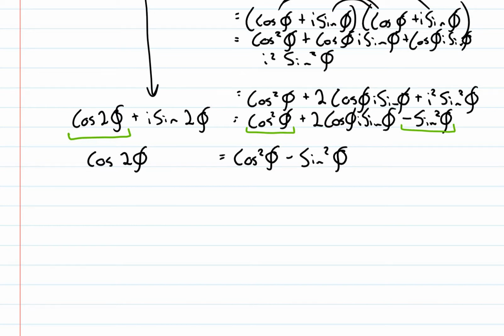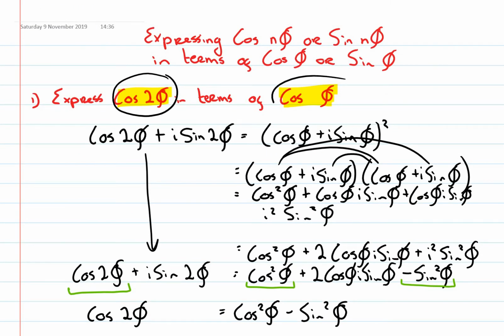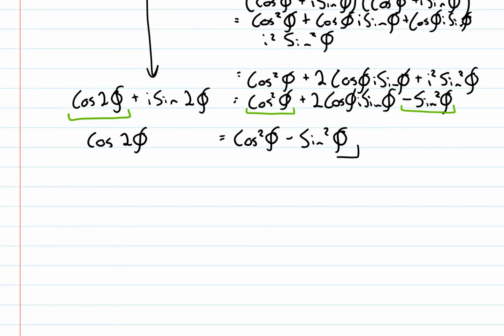Now notice here we have cos 2 theta equals cos squared theta minus sine squared theta. But we have to have it in terms of cos thetas, not sine thetas. So I need to change this sine squared theta to something with cos in it. So I need to get rid of the sine. To do that, I will take something out of the log books.